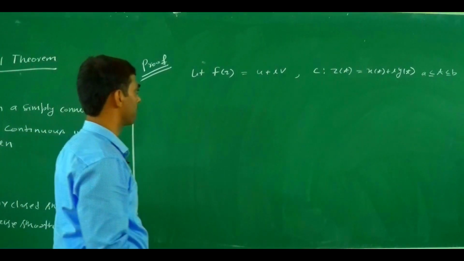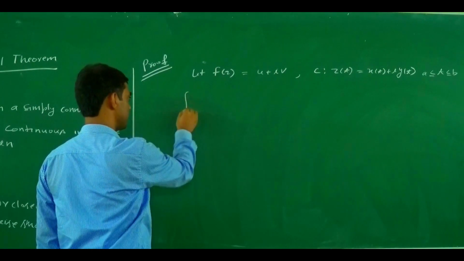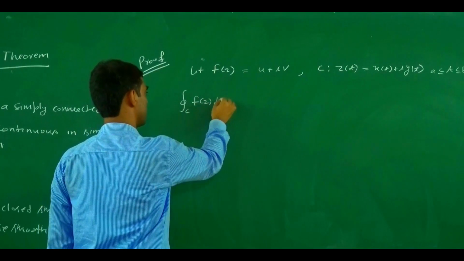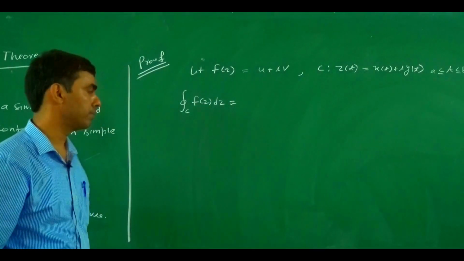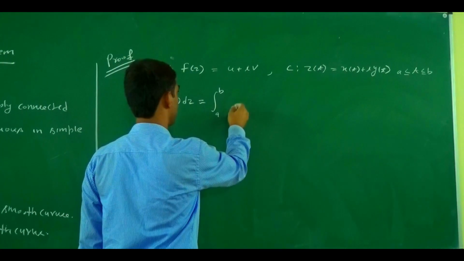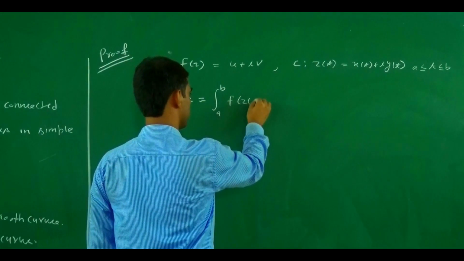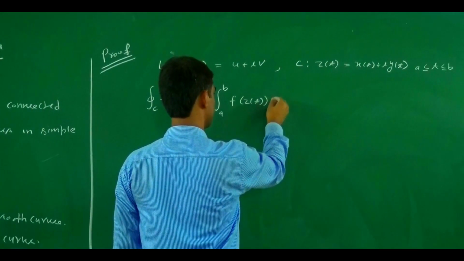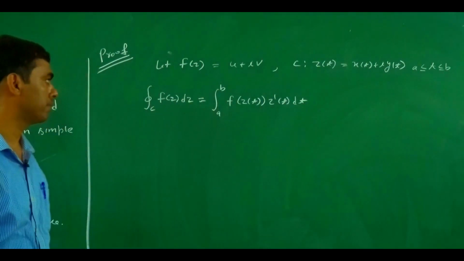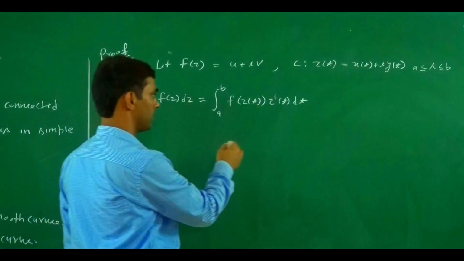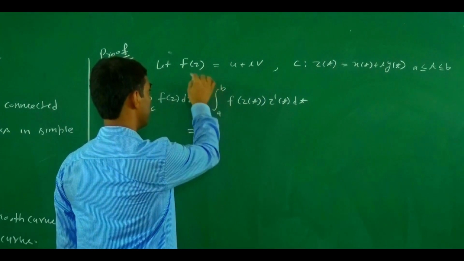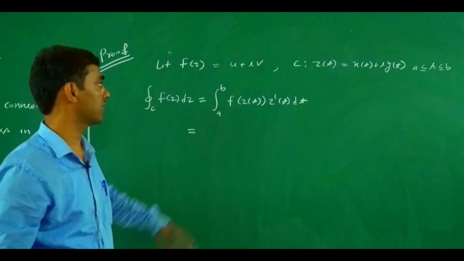So here, what is the value of the integral over C of f(z) dz? It can be written as the integral from a to b of f(z(t)) z'(t) dt. If we simplify this, f(z) here, u is a function of x and y.